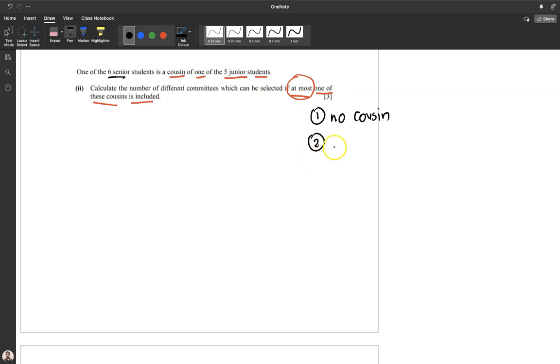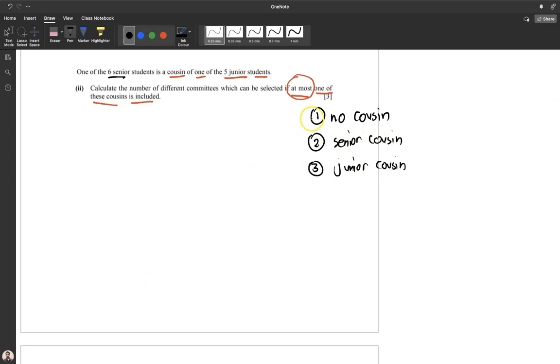The second situation is that we can have the senior cousin. And the third situation is that we can have the junior cousin only. Remember, it's at most, so I can either have this guy or this guy. That's it.